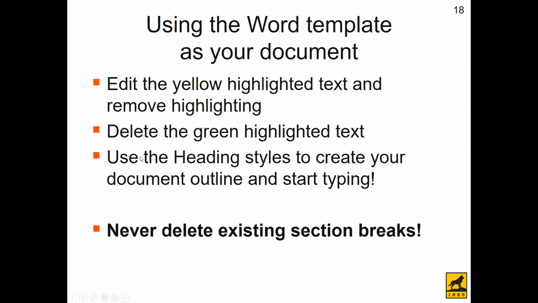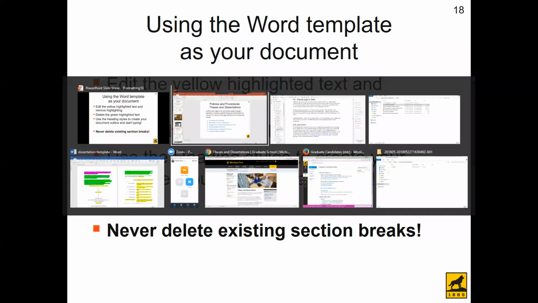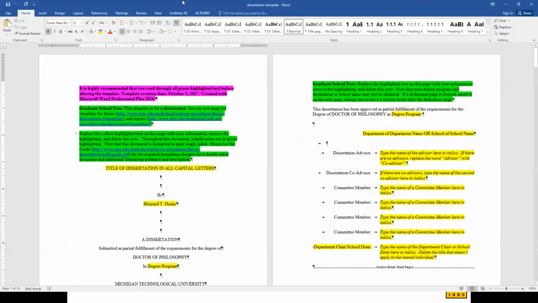Now, you wouldn't want to delete them until you've read them and followed them, but you can always download it from the website again if you wanted to. You will then use the heading styles, and we'll go through a little bit of this in a little bit, to create your document outline and start typing. And my key word to you is to never delete any existing section breaks. So if we just take a quick look at the template, I just downloaded the dissertation one for a sample.